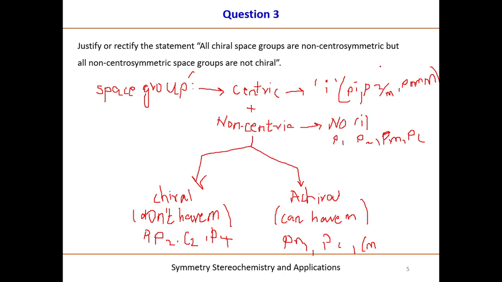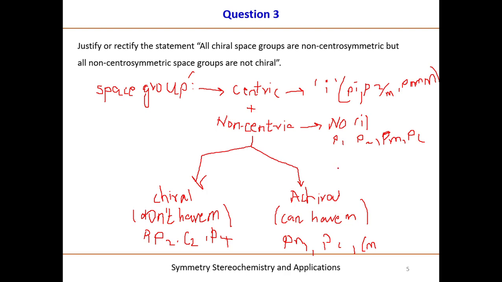But the second sentence says that all non-centrosymmetric space groups are not chiral, because non-centrosymmetric groups are divided into two different types. That means they contain two types of molecule, chiral and achiral both.